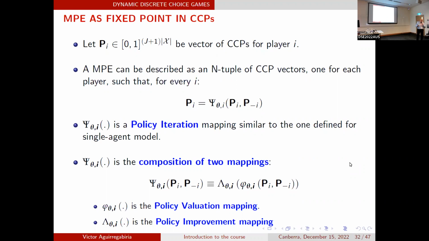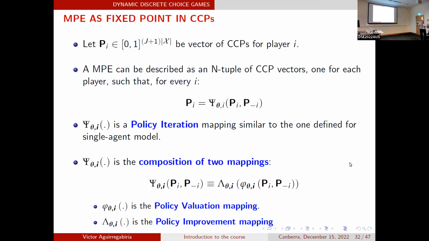In addition to this game against yourself in the future, we have also a game against the others, okay? And what this mapping means is that let's take my own behavior, the behavior of player i in the future, as given, as described by the choice probabilities. Let's take the behavior of my opponents, the other players of the game, as given, as described by their choice probabilities.